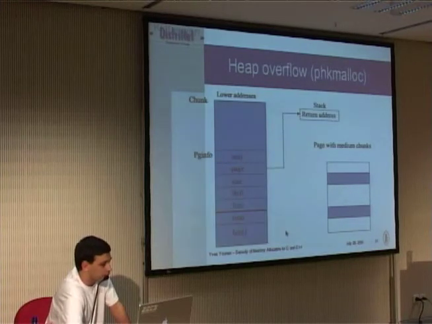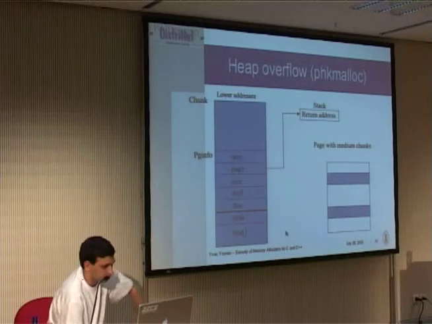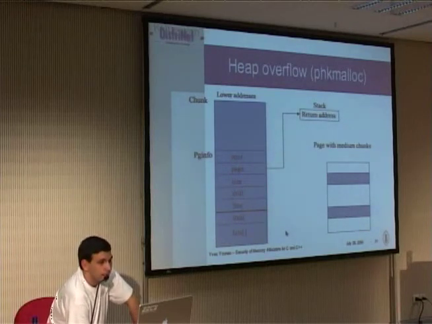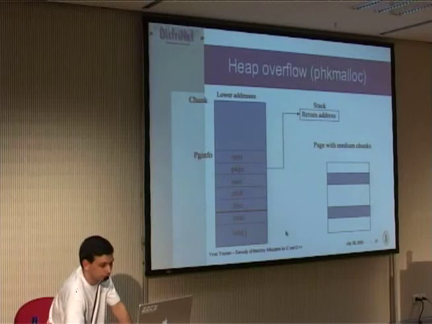So when an overflow occurs, we make the page point to the return address. And we modify the bits array to make all the chunks seem free. So when eventually that page is accessed for a chunk of that page, it'll return our target memory as a valid chunk. As a result, the attacker will be able to write into that information as if it was just memory he allocated. So in this case, we'd overwrite the return address with whatever we wanted to.